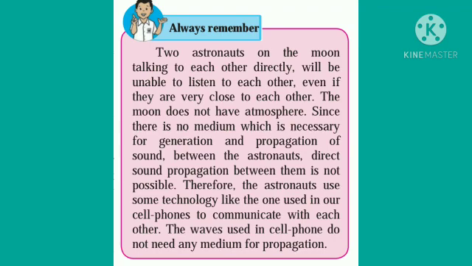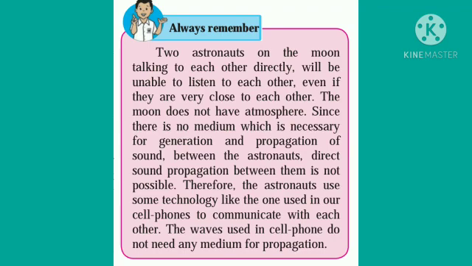Two astronauts on the moon talking to each other directly will be unable to hear each other even if they are very close to each other. Why? Because the moon does not have an atmosphere, and there is no medium, which is necessary for generation and propagation of sound between the astronauts.